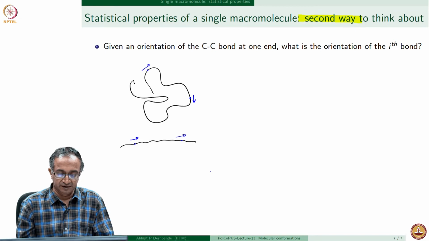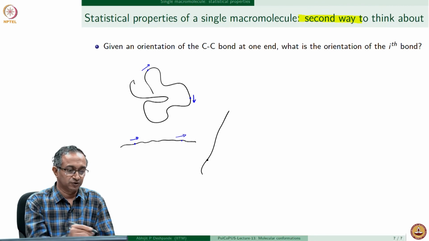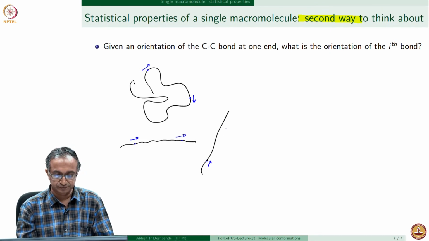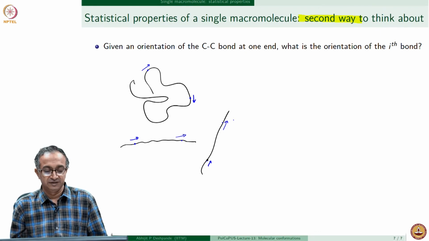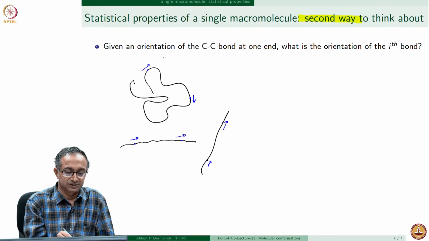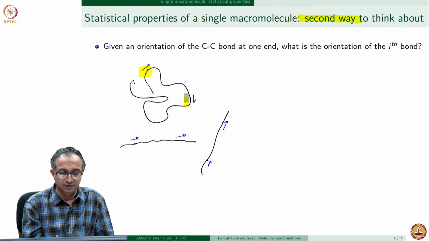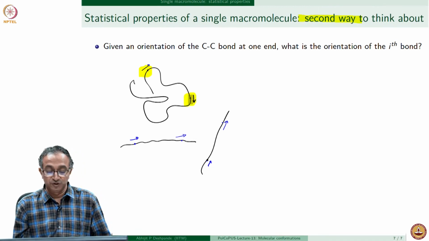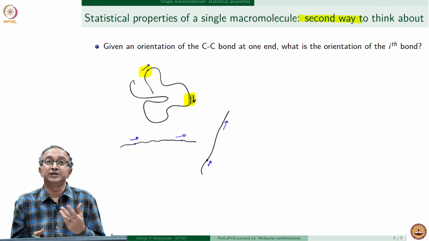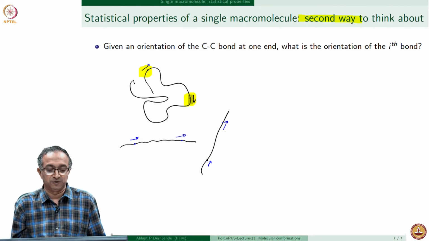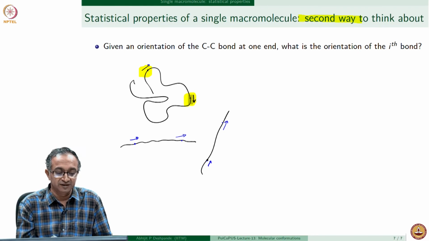The same macromolecule can move like this, but again if I take a look at 2 different points, in a rod-like molecule there is always correlation between the orientation of one point and another point. But that's not the case in a flexible macromolecule. So by looking at this orientational correlation, we can think in terms of how flexible the macromolecule is, how easily conformational changes happen.